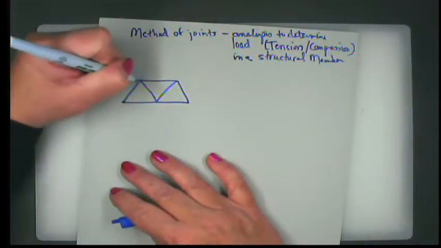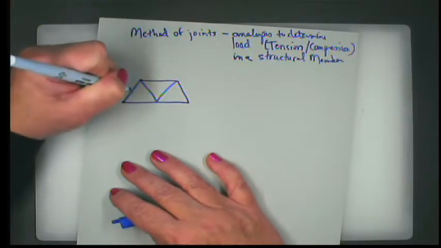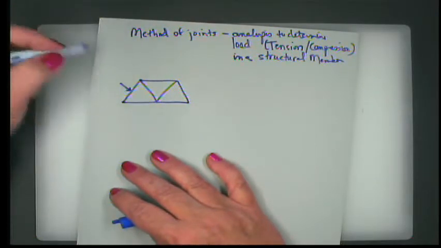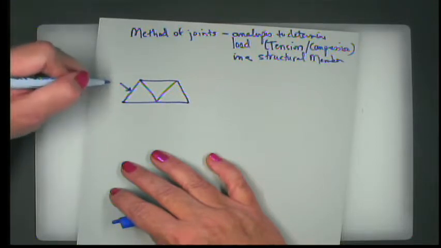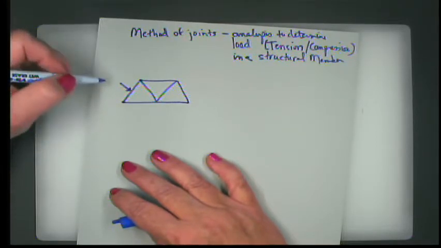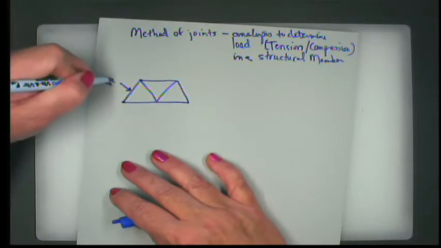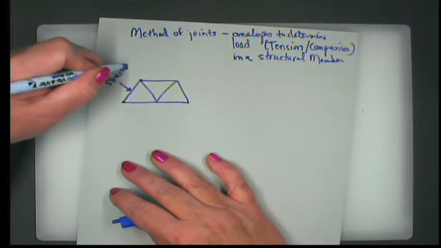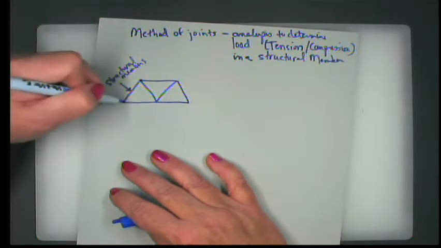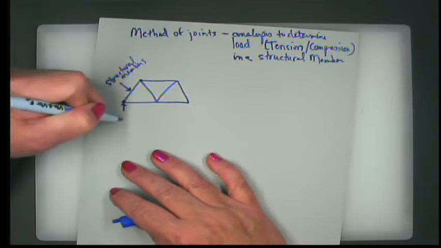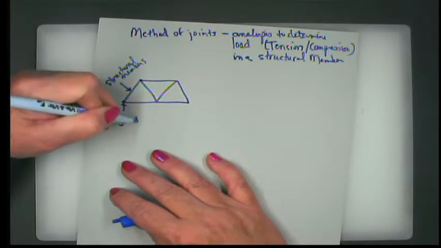Every time that I have the actual physical metal or whatever this is designed from, toothpicks or wood or plastic or whatever, these are referred to as structural members. And anywhere that structural members come together is referred to as a joint.